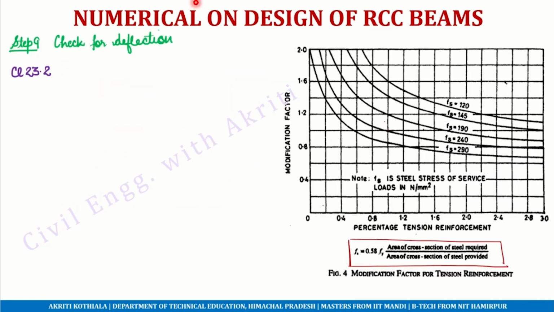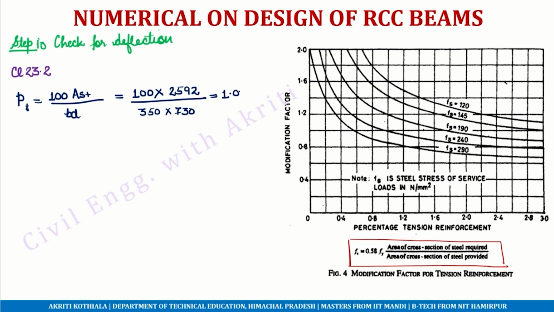Now we will check for deflection as per clause 23.2 of the IS code, which gives us figure 4. Figure 4 simply asks us to calculate the percentage of steel, because maximum deflection occurs at the center of the beam. So here we will be taking the entire AST which we have provided, which is approximately equal to 2592 mm square at the center, and B is equal to 350 mm, D is equal to 730 mm.